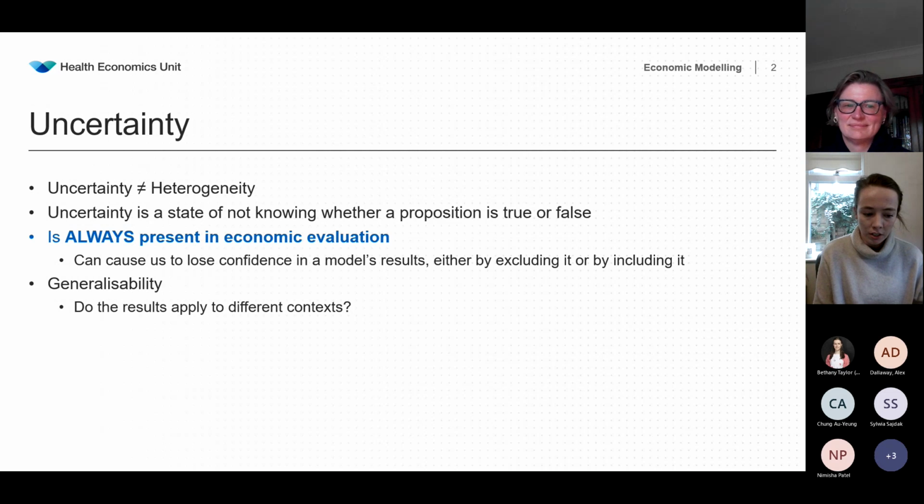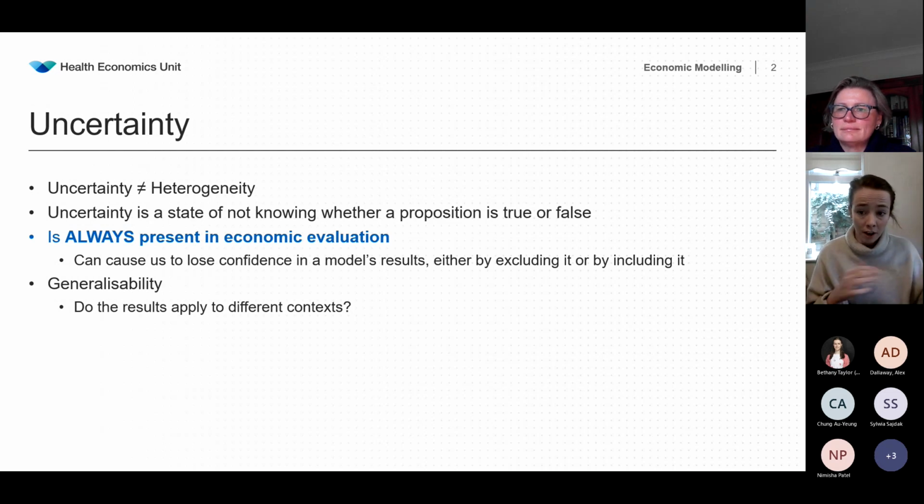So if a population is heterogeneous, you might have, for example, higher costs for older patients because older patients have more complex care needs than a younger population. That's a known, we understand why those costs are different than another part of our population, why older patients cost more than younger patients. That's a heterogeneous population, but uncertainty is an unknown. We don't know whether it's true or false. There's some underlying uncertainty due to a variety of factors. And uncertainty is always present in an economic model.